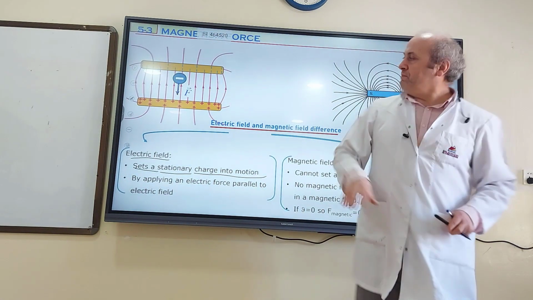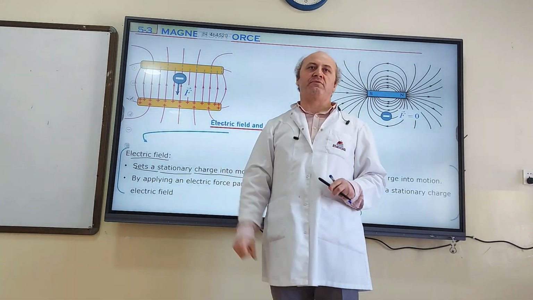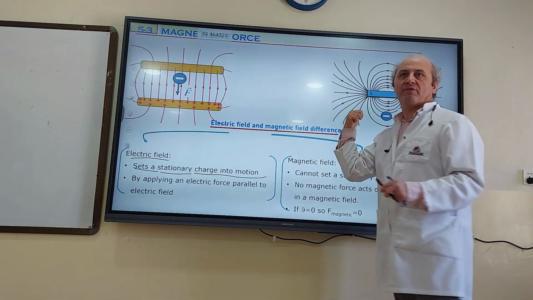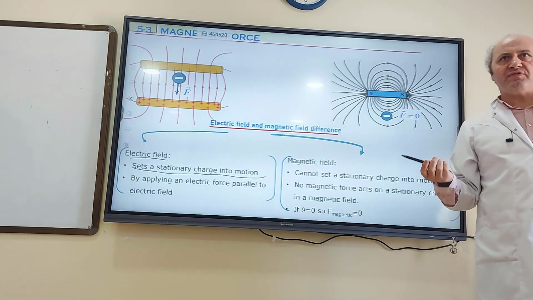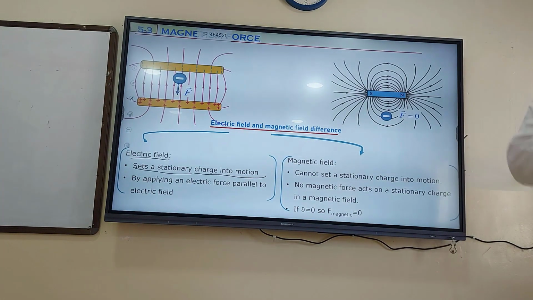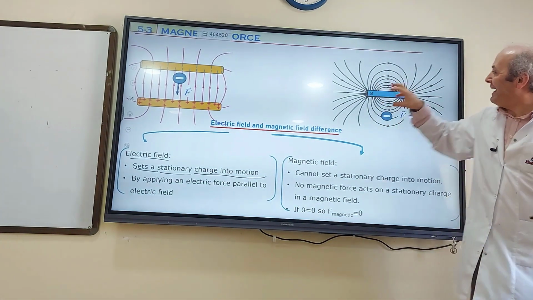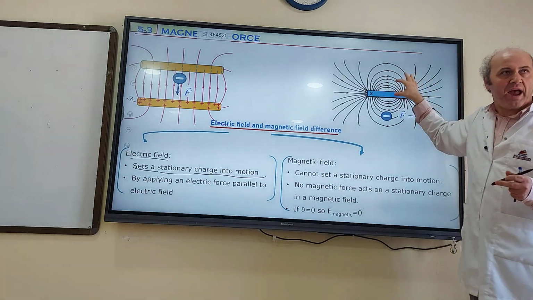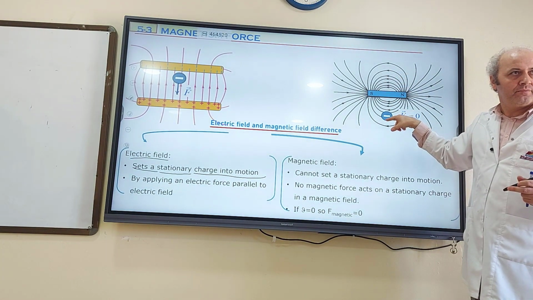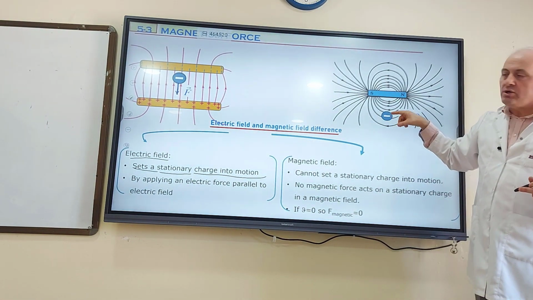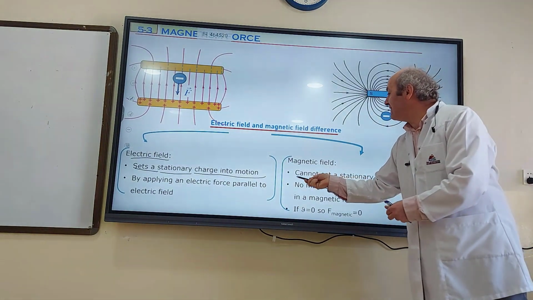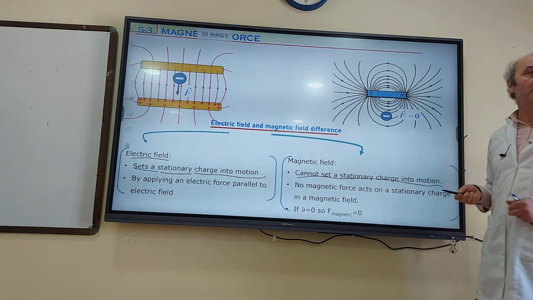What if we put this electron not inside an electric field, but inside a magnetic field? You know the natures are different. Electric field is for any charge around, but magnetic field acts on charges by motion. If you put a charge, say that electron, inside the magnetic field of this magnet, at rest, magnetic field cannot set a stationary charge into motion.